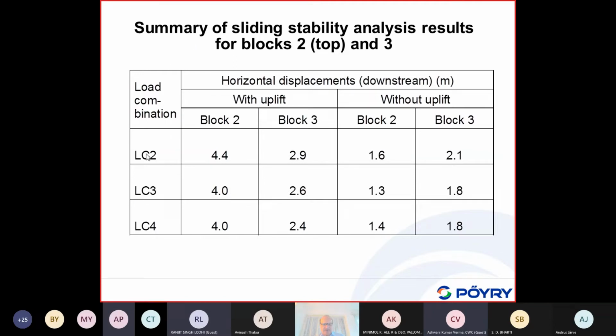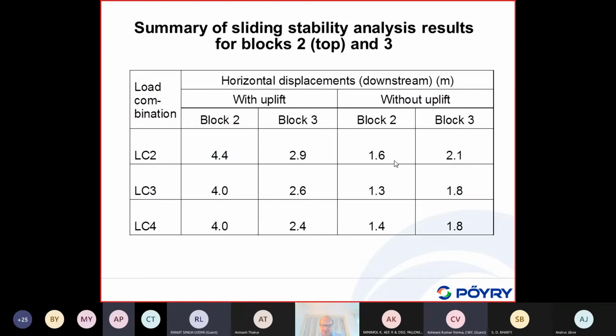And we consider 3 types of earthquakes, load combinations 2, 3, 4. And these are the different blocks. We consider 2 cases, with uplift and without uplift. The diagrams I've shown before were all without uplift.